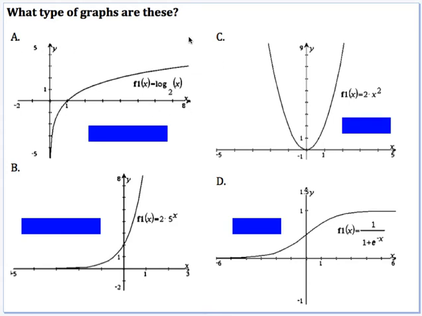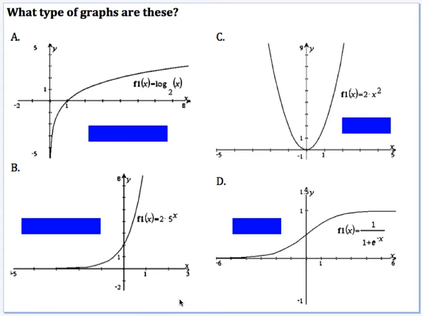The first type of question you're going to get is figuring out what type of function creates these types of graphs. We've got 4 different graphs, and of course everybody's going to have a different version of the test. One of you might get a graph that looks like this or this, or one that's completely different from all of these, but you'll still need to know whether it's exponential, logarithmic, logistic, or a power function.